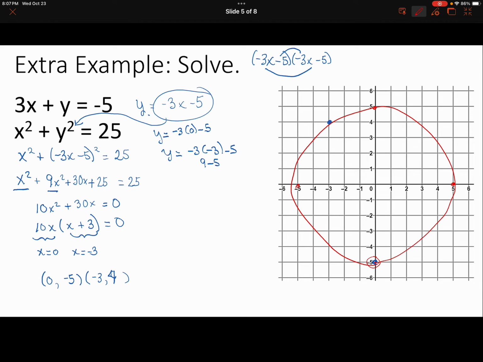And then y equals negative 3x minus 5 is a line that has a slope of negative 3 going through negative 5 on the y-axis, so we're going to rise 3 and go left 1, rise 3 and go left 1, rise 3 and go left 1. And when we draw this line, it should go through our ordered pair of negative 3, 4.